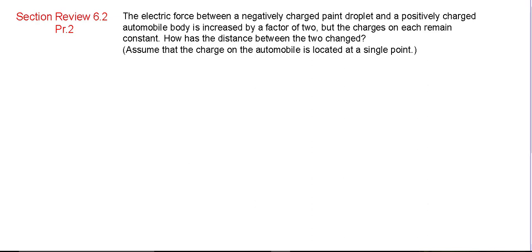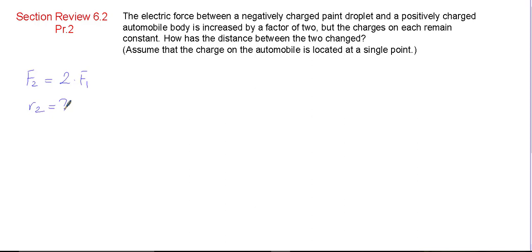Force increased 2 times, so we can say that the second force F2 will be 2 times bigger than F1, 2F1. So the force is increased by factor 2 and charges are the same. How does the distance change? What will be R2 with respect to R1?